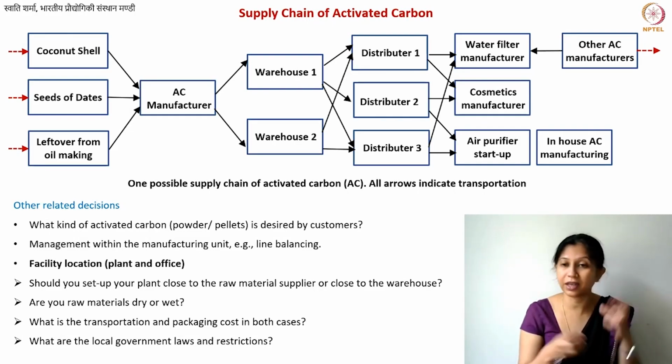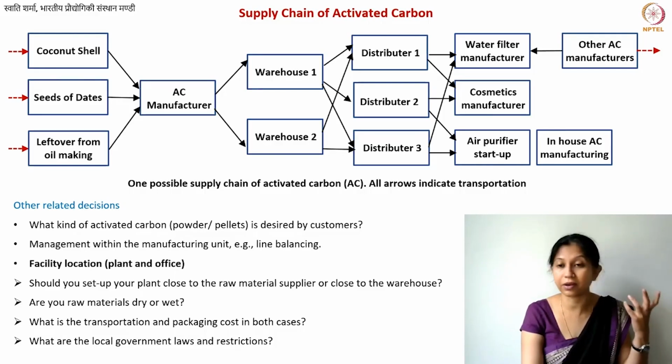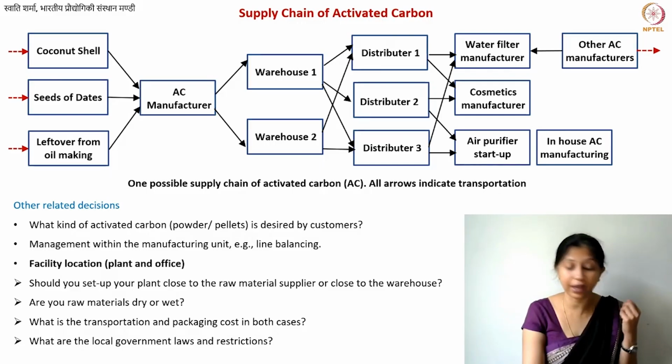You know that different states within India or different countries in the world have different regulations for businesses. They can be financial regulations, for example, related to tax payments, or they can be regulations related to environmental policies. So all of these things you need to factor in, and then you should start your business.